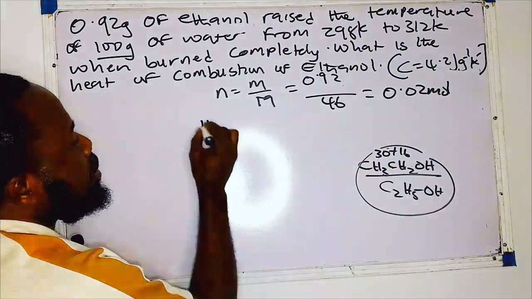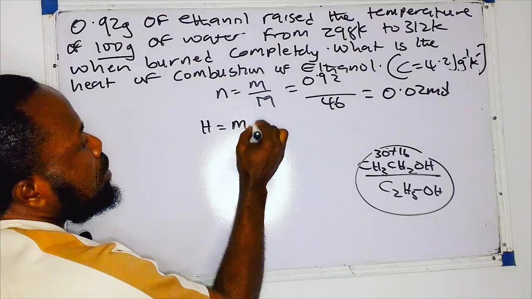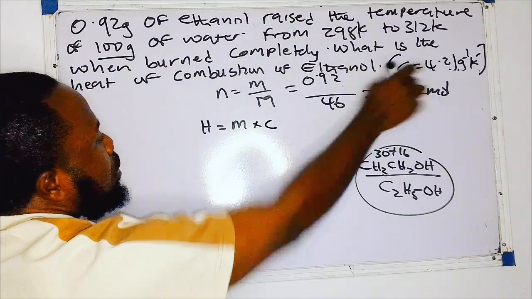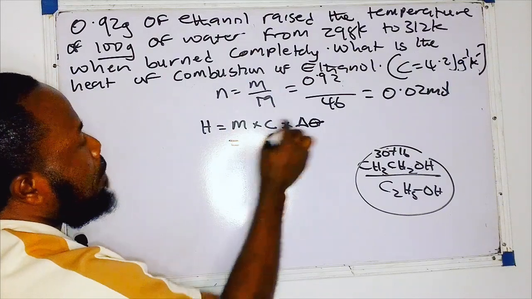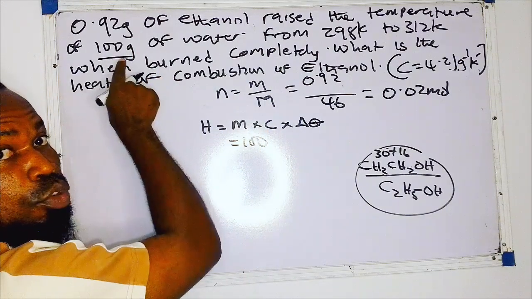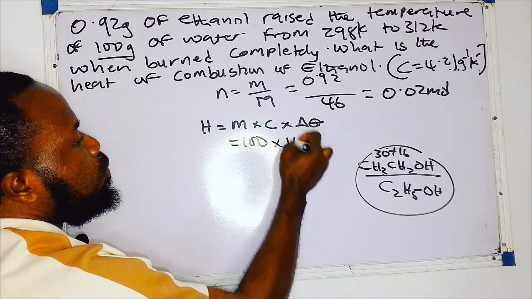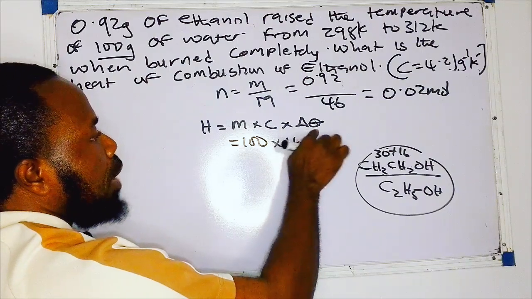Heat is equal to mass times specific heat of water times the temperature change. What's the mass of the water? It's 100, remember, it was given to us here. Times 4.2, times the temperature change.